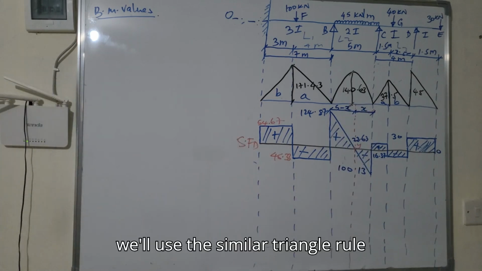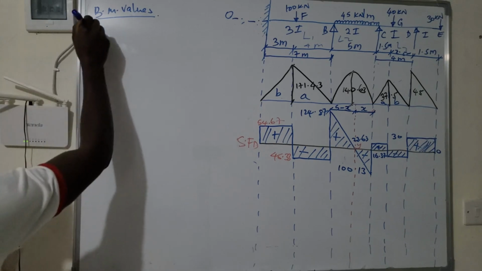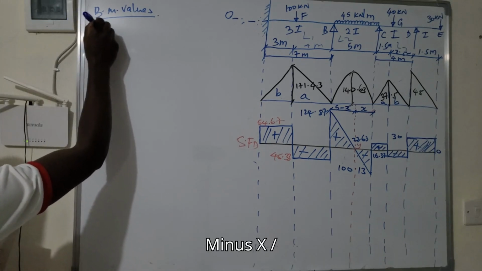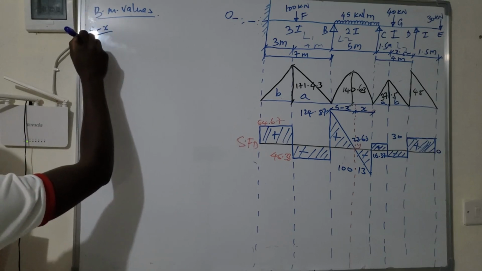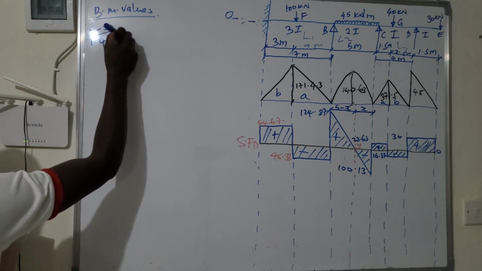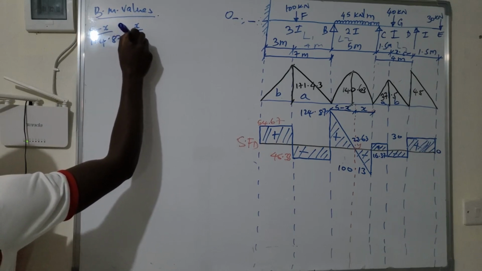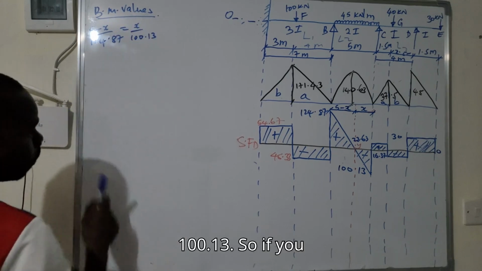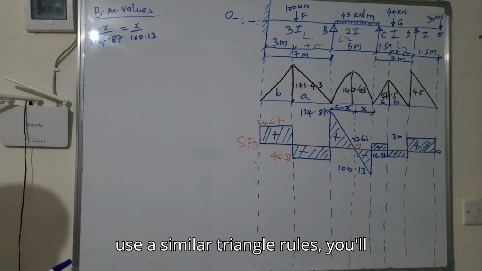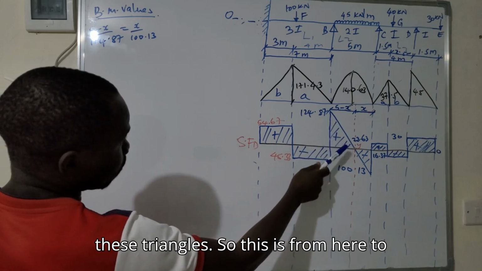So we'll use the similar triangle rule, and we'll say that 5 minus x over 124.87 is equal to x over 100.13. So if you use similar triangle rules, you'll compare the sides of these triangles.